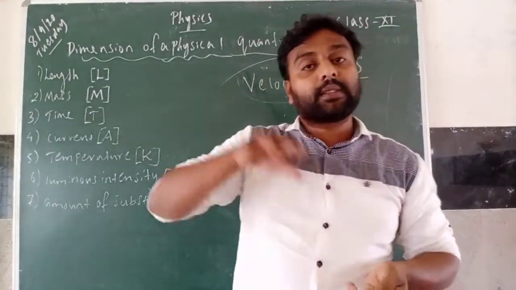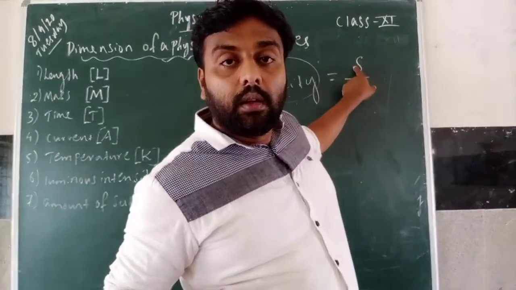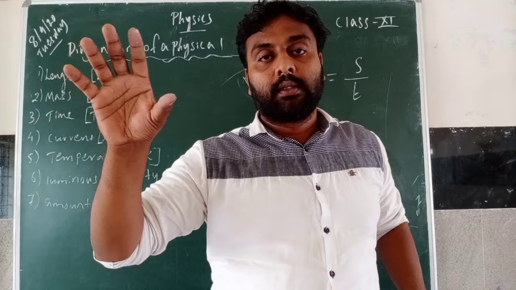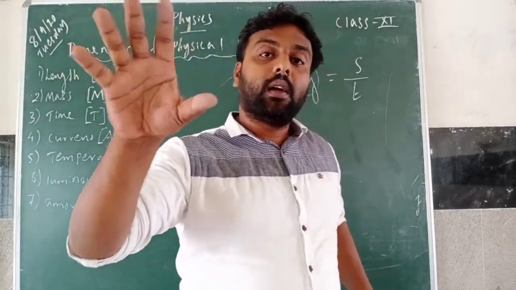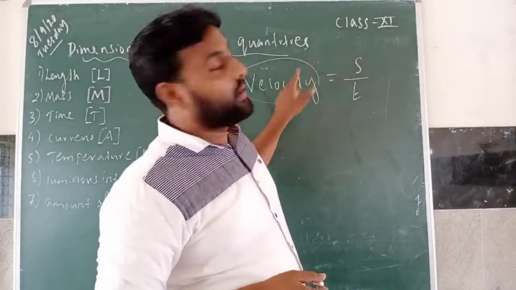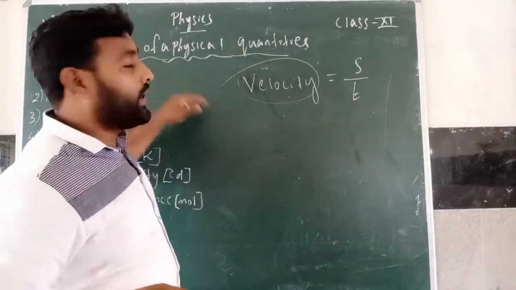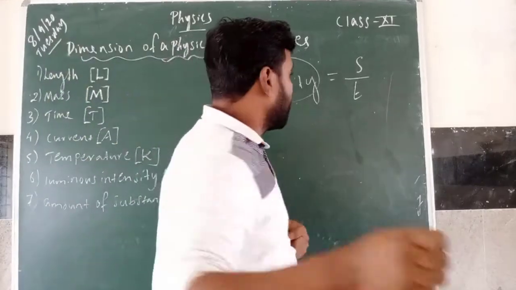We can represent this derived quantity by using the powers. We can add some powers to the fundamental quantities to represent this derived quantity. That is the dimension of a physical quantity.